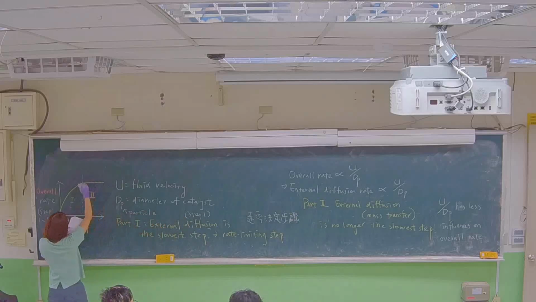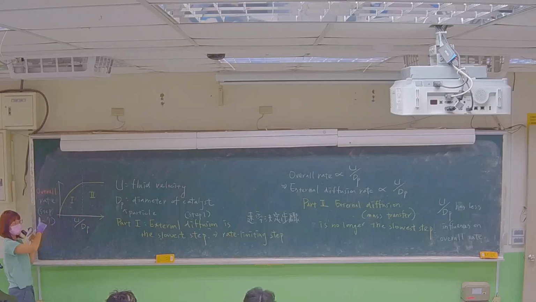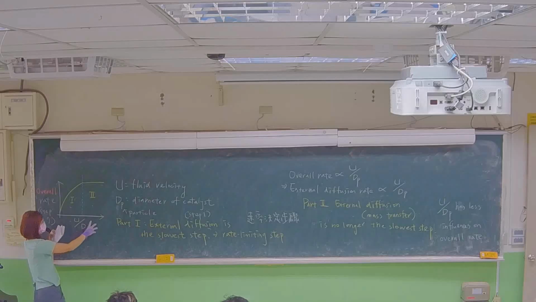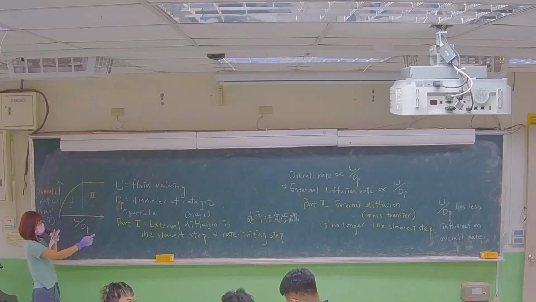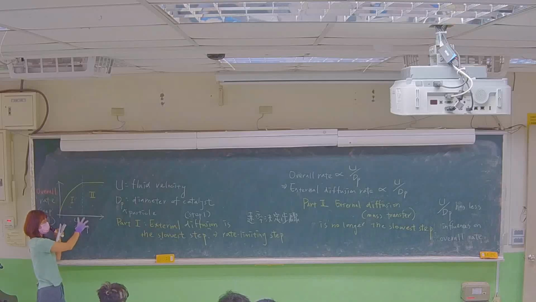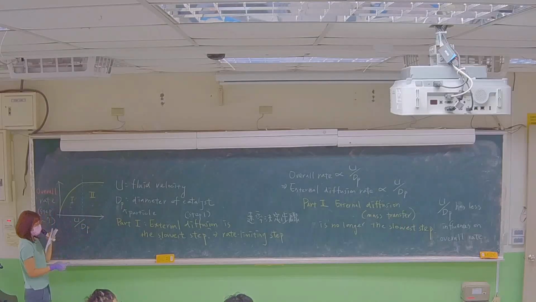Like this means with increasing U over dP, the value for overall rate is almost unchanged, right? Because at this region, the external diffusion is highly related to U and dP, right? Highly related to length.